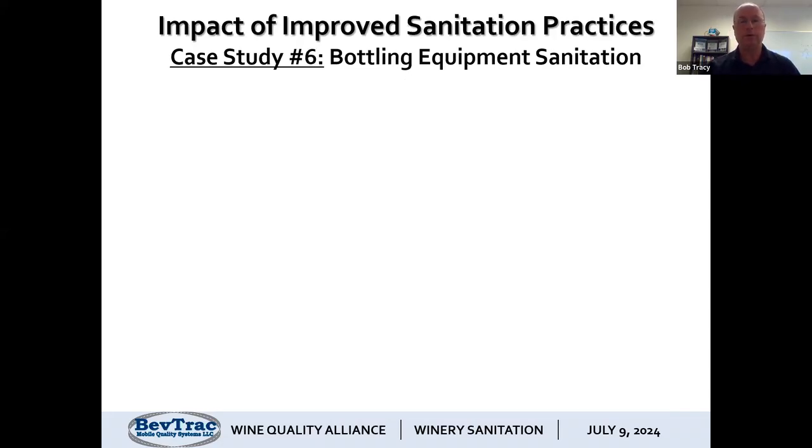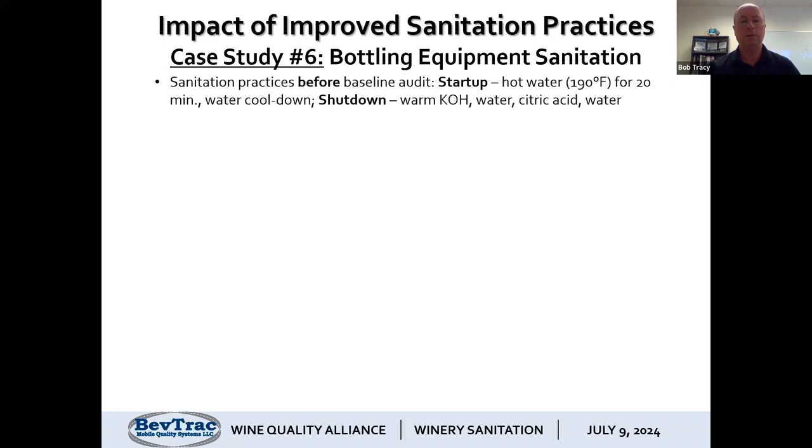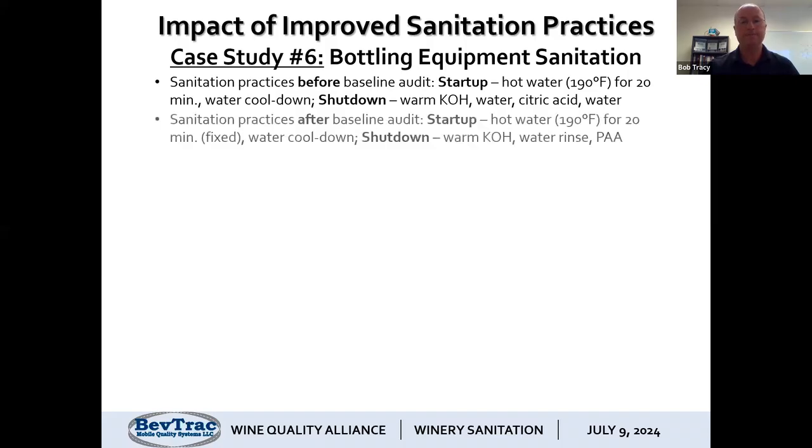And then here's a third example for the bottling equipment. Before the audit, they were using hot water for 20 minutes at 190 degrees, which is good. And then at shutdown, they were using a warm potassium hydroxide water rinse, citric acid, and then water. So no sanitizer at shutdown.